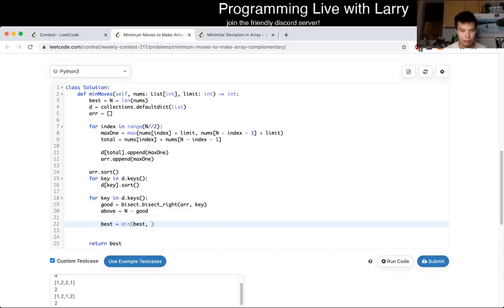So like that, but it's not going to be right.